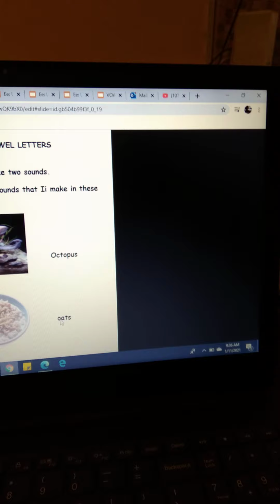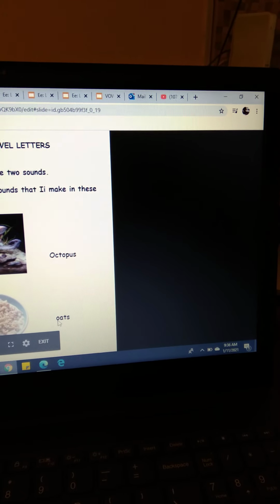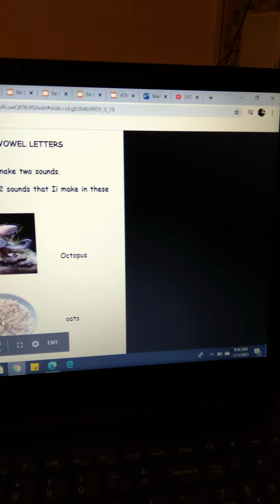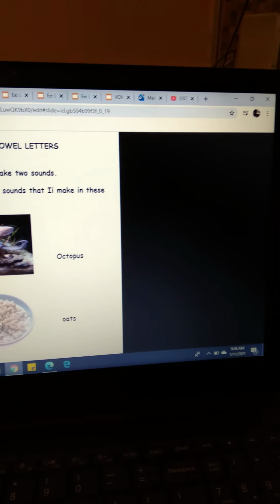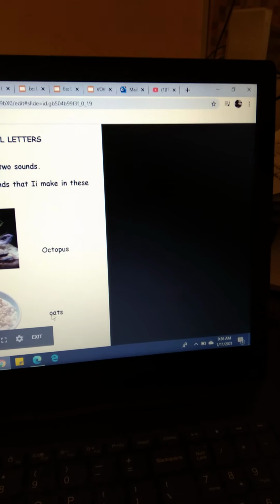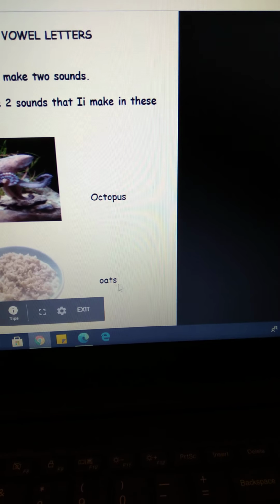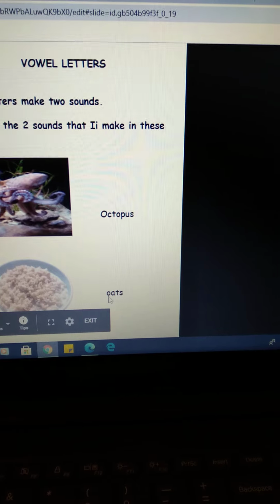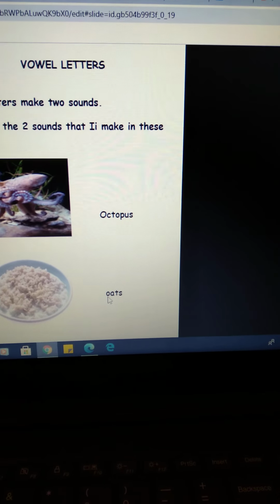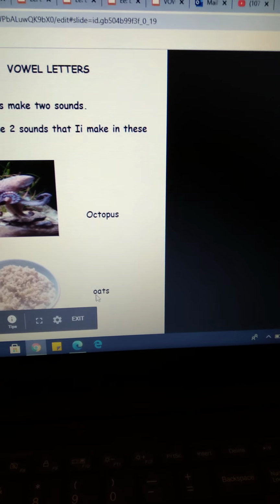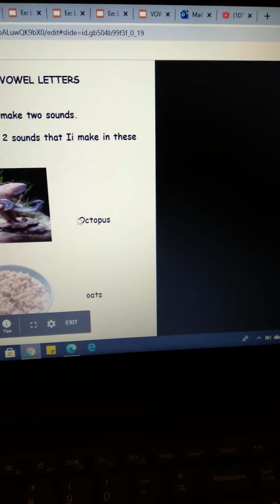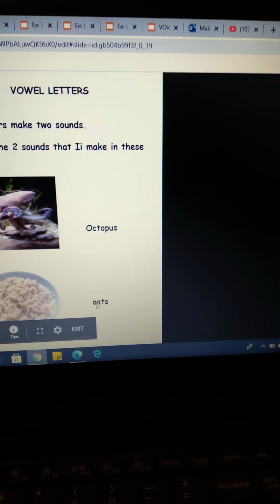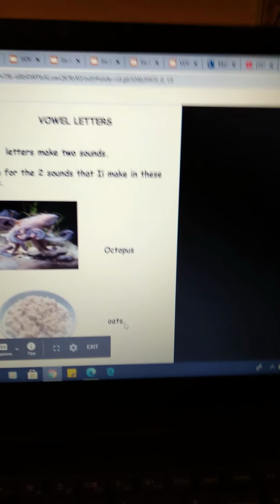This here is some oats, like oatmeal. Let's listen for what O is saying here. Oats. So when I have the arrow here, what is this letter saying? Oats. Yes, this letter is saying O. Up here it said ah as in octopus, and down here it says O as in oats.